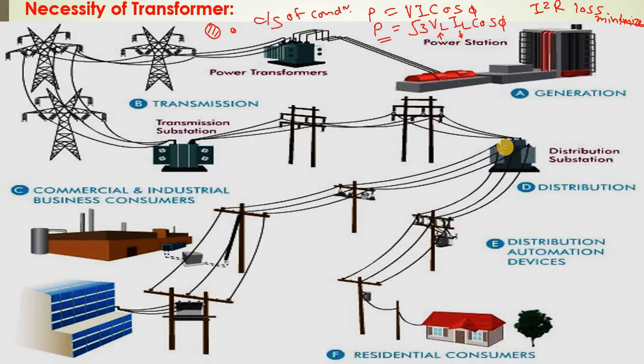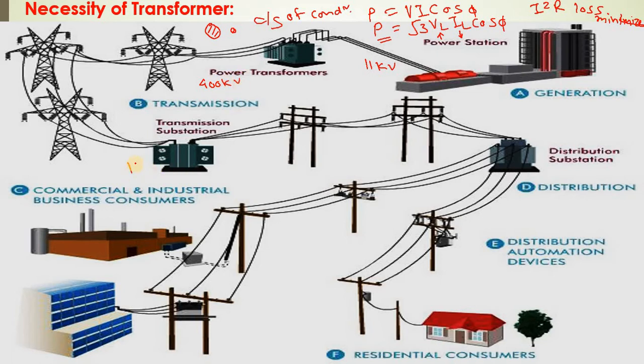Then there will be the distribution side. At the end of the transmission line, again a transformer is erected. This transformer will convert this voltage level into a reduced voltage level. Suppose that here at the generating station it is 11 kV, this transformer will convert it into 400 kV.